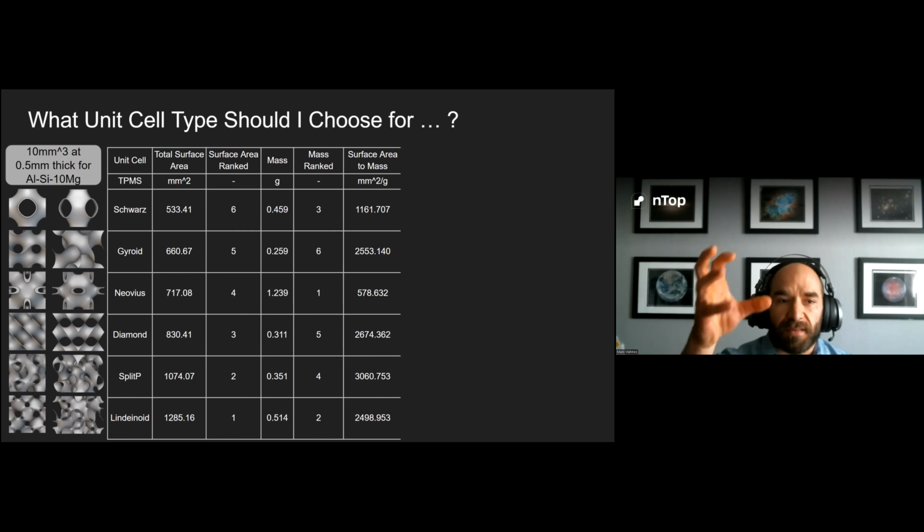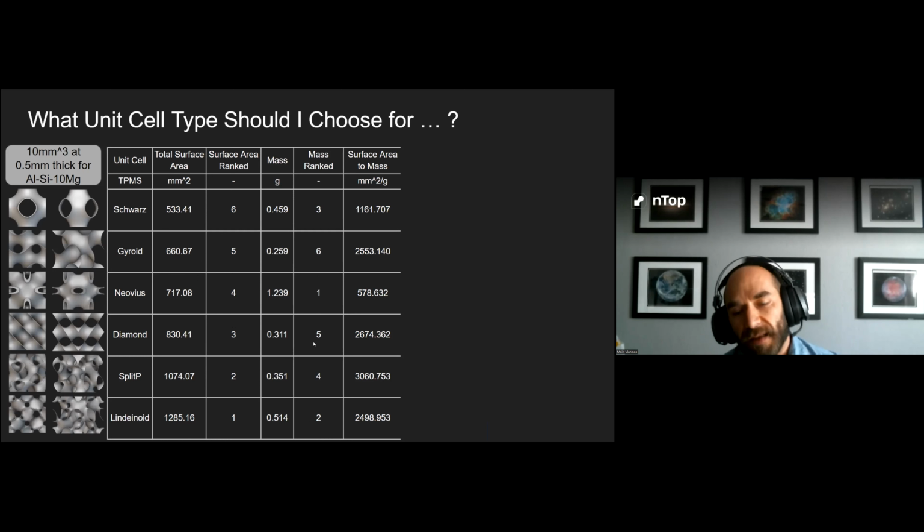So let's look at the mass of each of them and rank them. The lindenoid, while it gives us the most surface area, is the second heaviest. The gyroid is the lightest. Now, what we can do is say, okay, let's look at some others. Bringing your attention to the diamond, it gives us the third most surface area, and it's the second lightest.